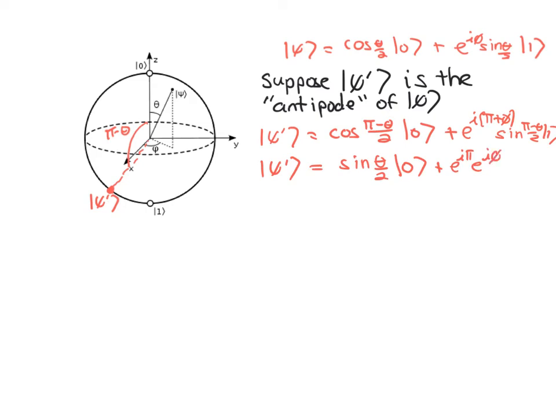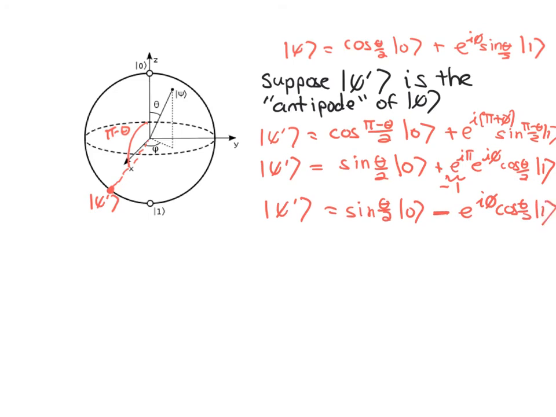And then the sine of (pi minus theta) over 2 is just the cosine of theta over 2 times the 1 state. And then this e to the i pi is minus 1. So psi prime then is sine theta over 2 times the 0 state, minus e to the i phi cos theta over 2 times the 1 state.